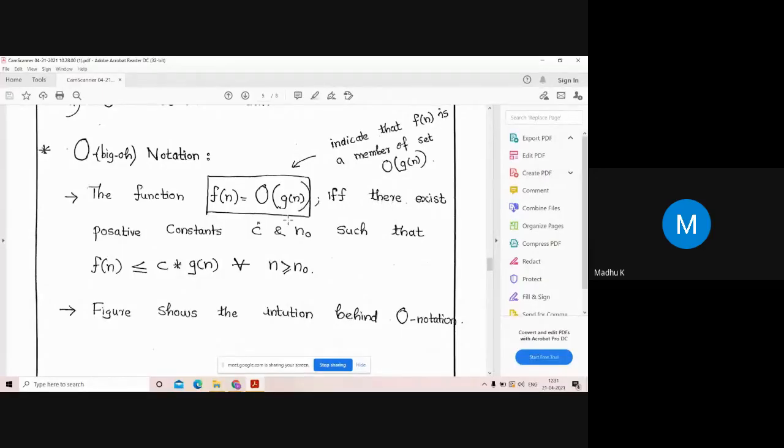and only if there exist positive constants c and n0 such that f of n is less than or equal to c into g of n for all n greater than n0.